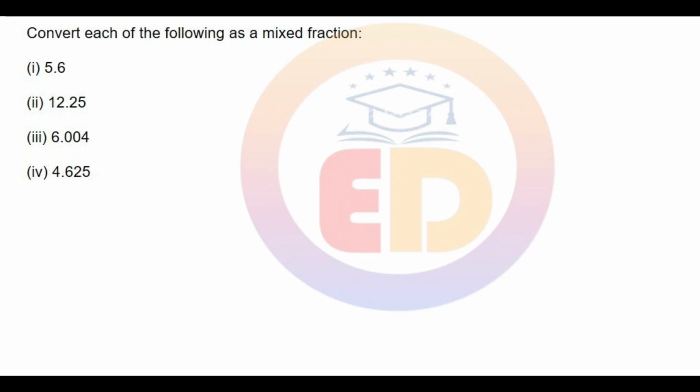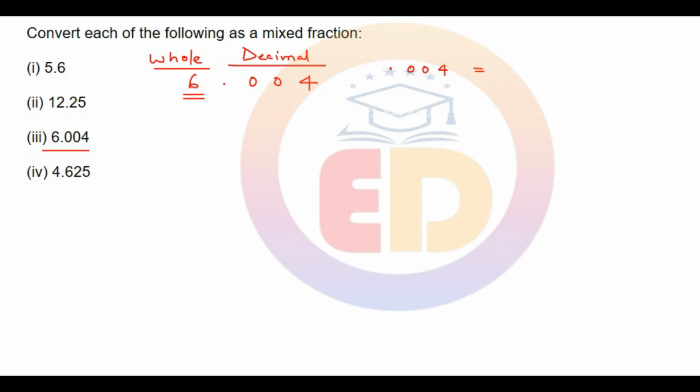Let us go to the third example, 6.004. Now in 6.004, 6 is the whole number part and 0.004 is the decimal part. Now don't touch the whole number part, leave it as it is. We will write it at the end. Let us now convert 0.004, the decimal number, to decimal fraction.